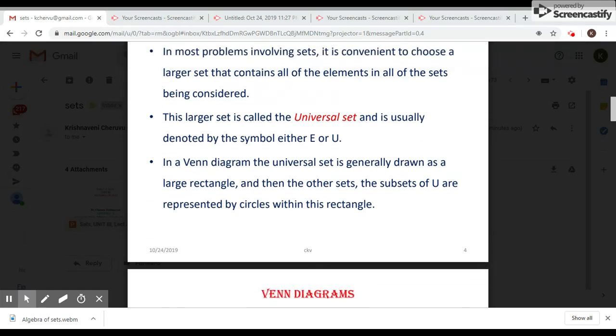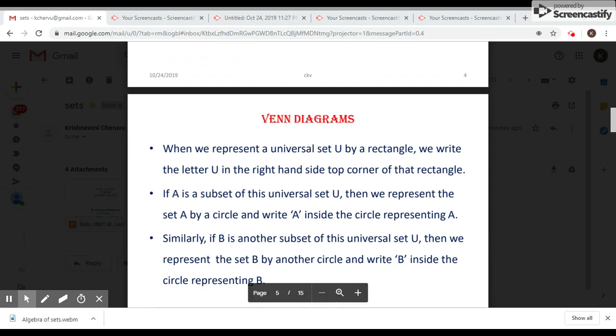This larger set is called the universal set, and usually it is denoted by the symbol U. In a Venn diagram, the universal set is generally drawn as a large rectangle, and the other sets, the subsets of U, are represented by circles within this diagram. When we represent a universal set U by a rectangle, we write the letter U in the right hand side top corner of that rectangle.